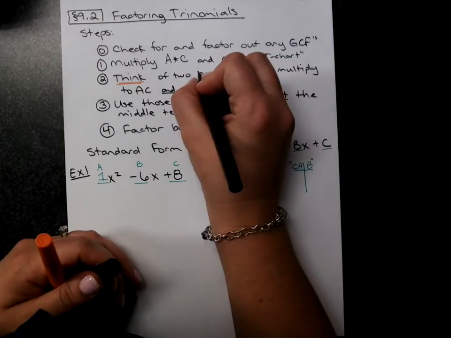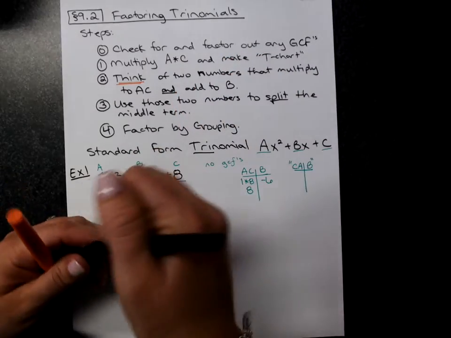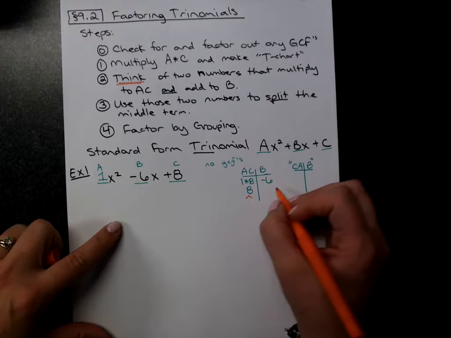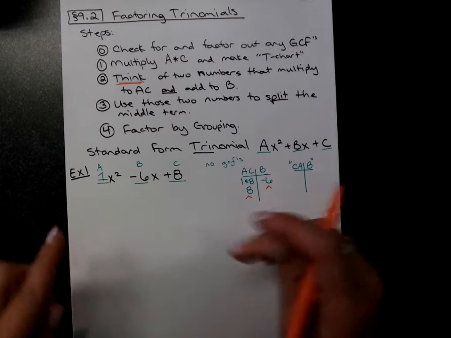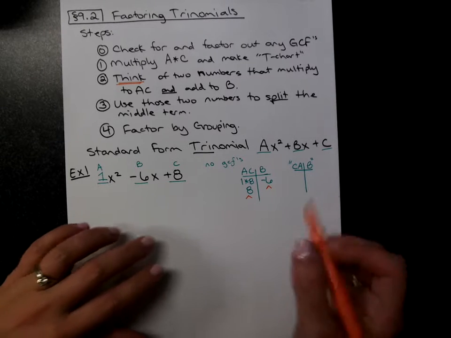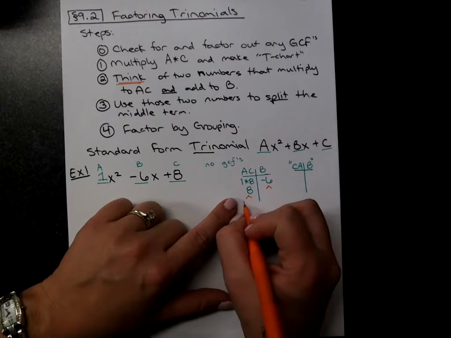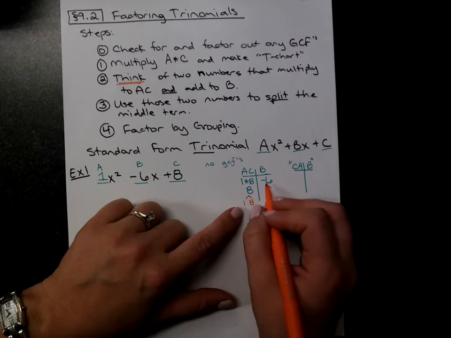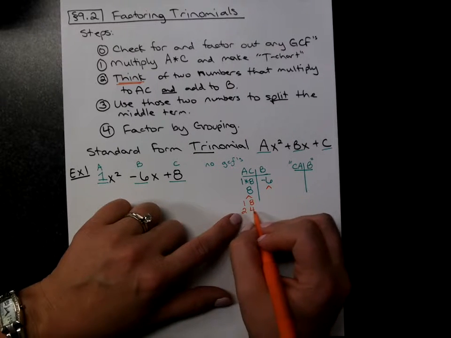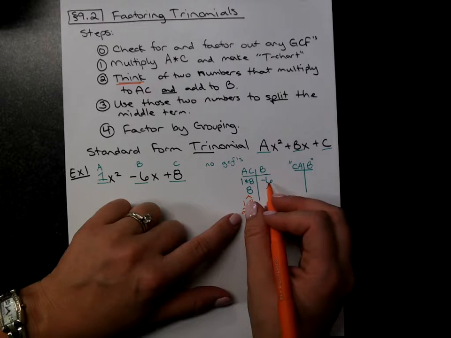For some students, that's a piece of cake. For some students, we'd be here all day thinking of pairs. So you're going to think of numbers that multiply to 8 and see if they also add to negative 6. 1 and 8. Do those add to negative 6? No. 2 and 4. Those multiply to 8. Do those add to negative 6?